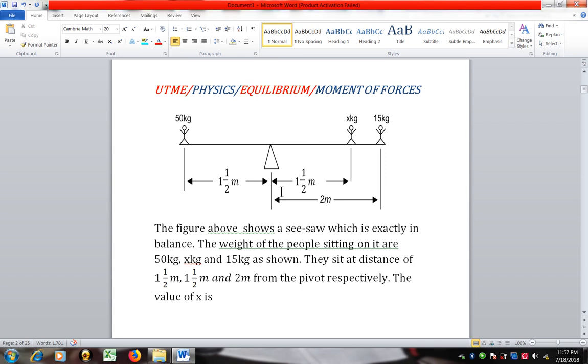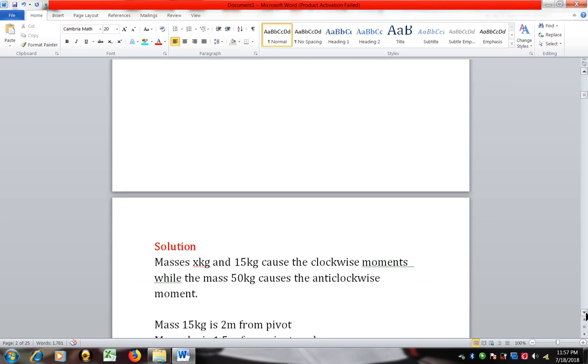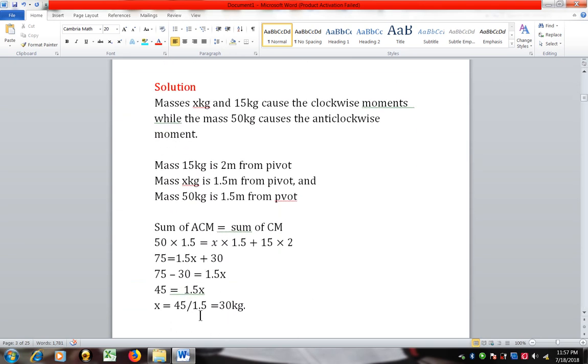So you equate the sum of anti-clockwise moments and the sum of clockwise moments, based on the principle of moment, and that is what helps us to solve for x.